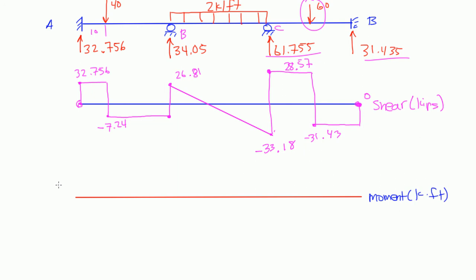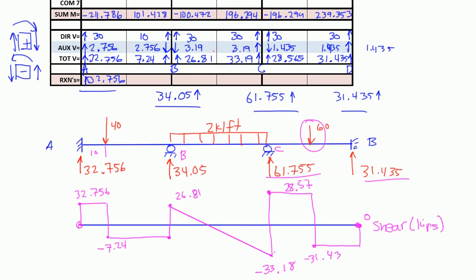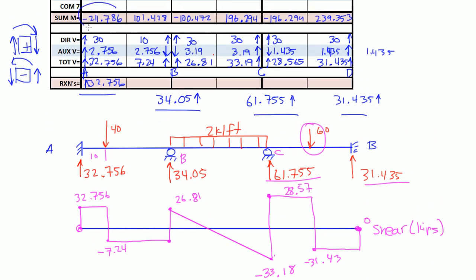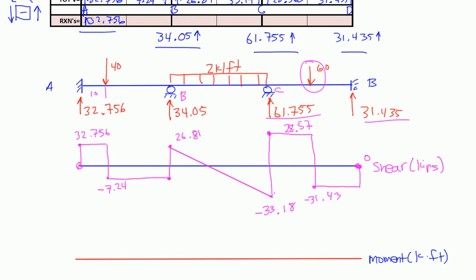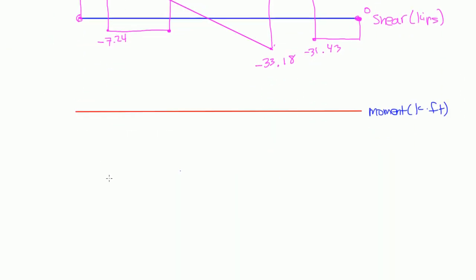Now, for our moment diagram, it doesn't start at 0, because if we look at our sum of moments, it actually starts at negative 211.8, right? So you start at negative 211.8 here. Okay, so it starts here.